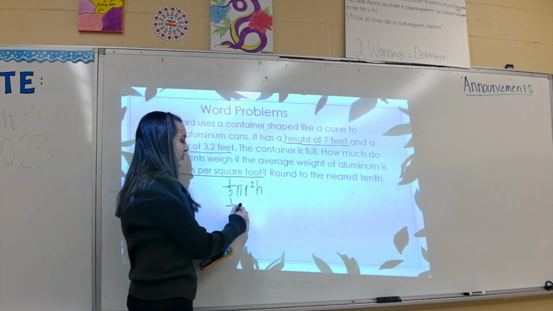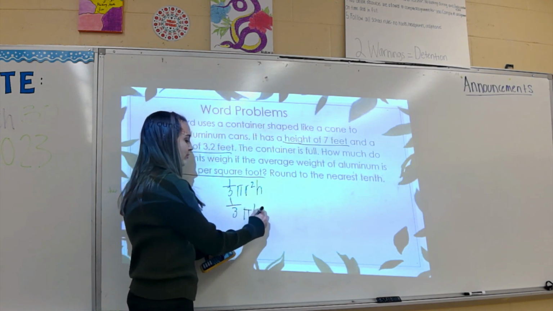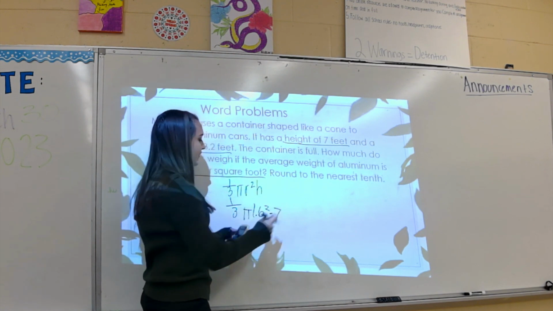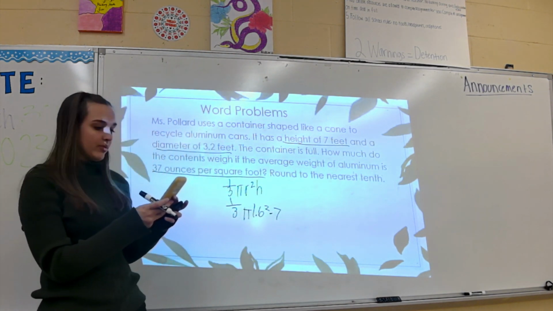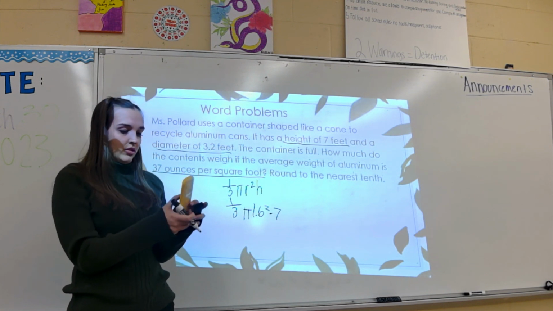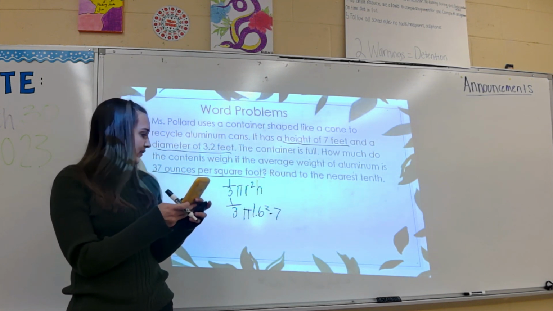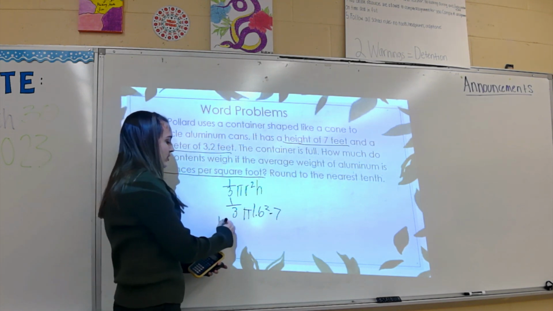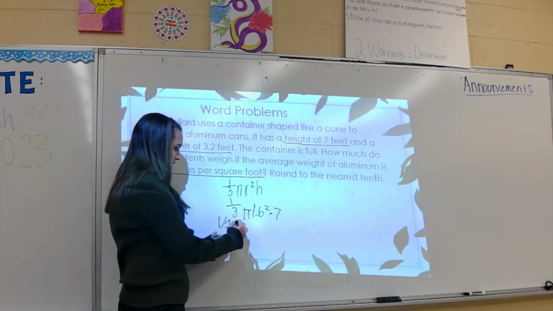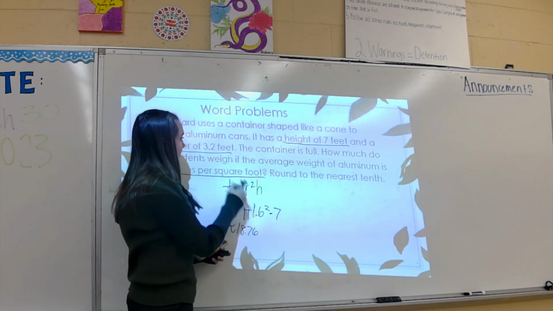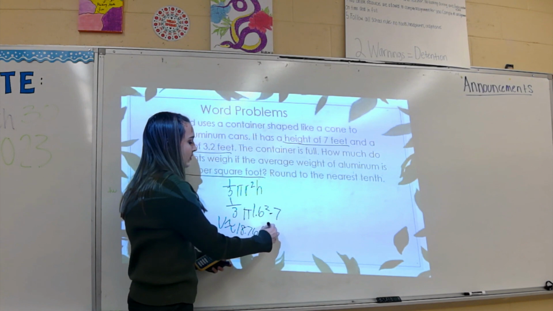So I have 1/3 pi times 1.6 squared, and they say the height is 7. So times 7, and I put that in my calculator. 3.14 times 1.6 times 1.6 times 7 divided by 3, and I get my volume as approximately 18.76, and it's labeled in feet cubed.